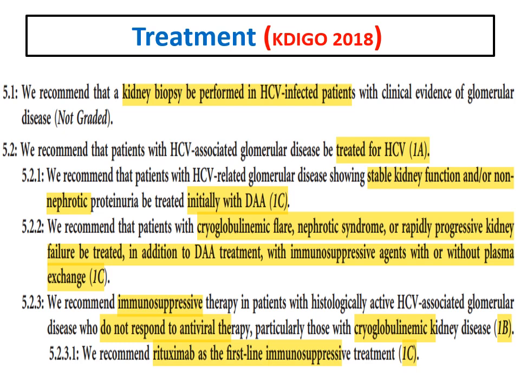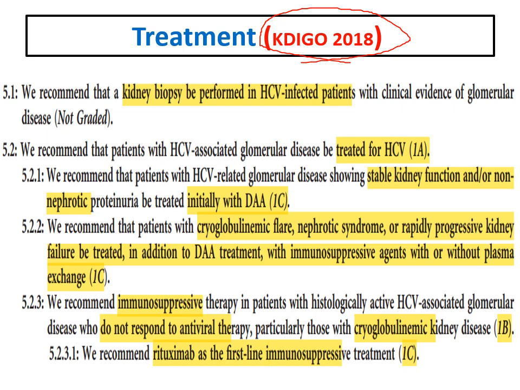What about treatment? KDIGO published in 2018 guidelines for the management and diagnosis of hepatitis C and CKD. So we depend mainly on these guidelines about the diagnosis and management of hepatitis C virus in patients with renal problems.